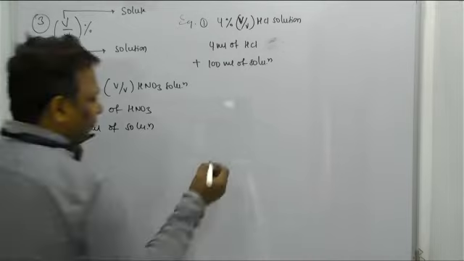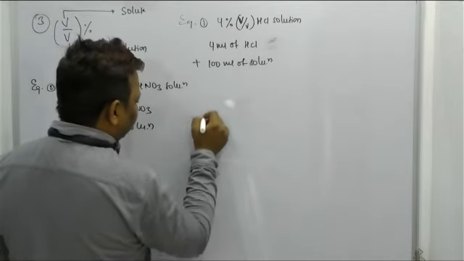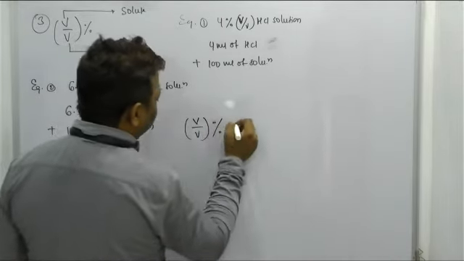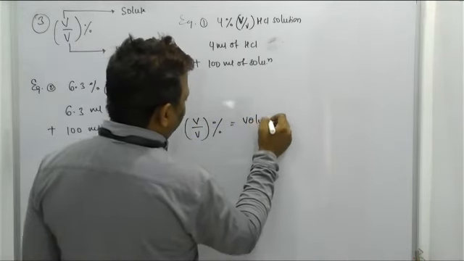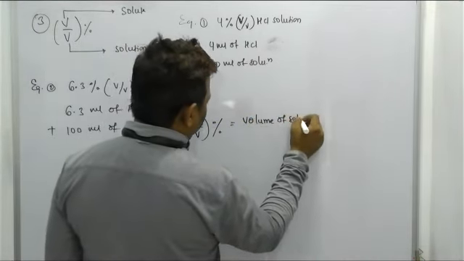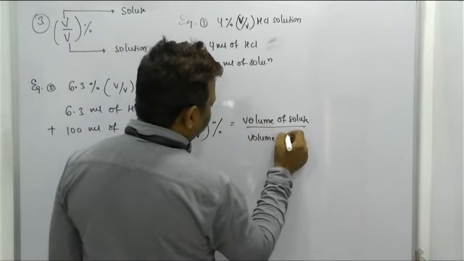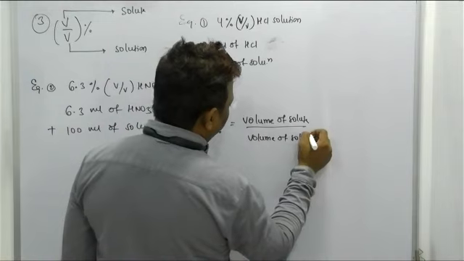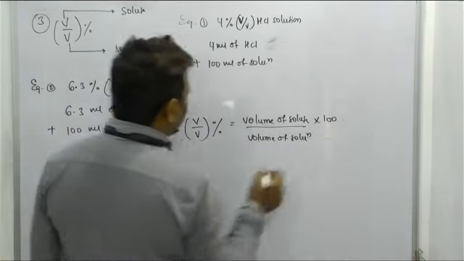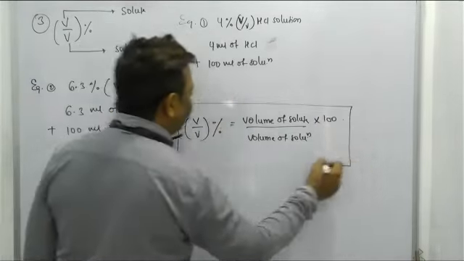That means our formula, beta, is V by V percentage equal to volume of solute present in volume of solution, into 100. It gives rise to V by V percentage.